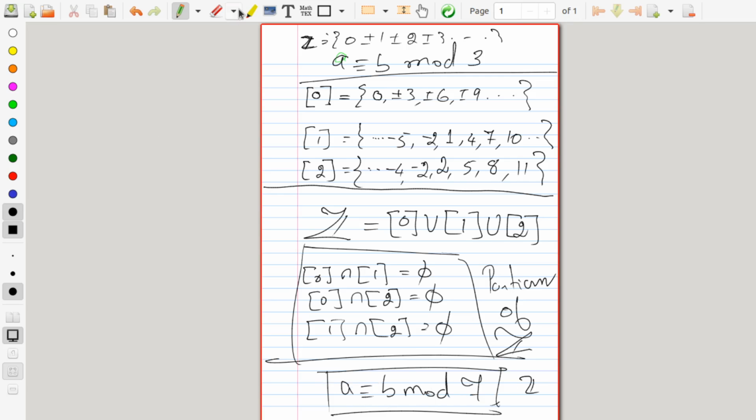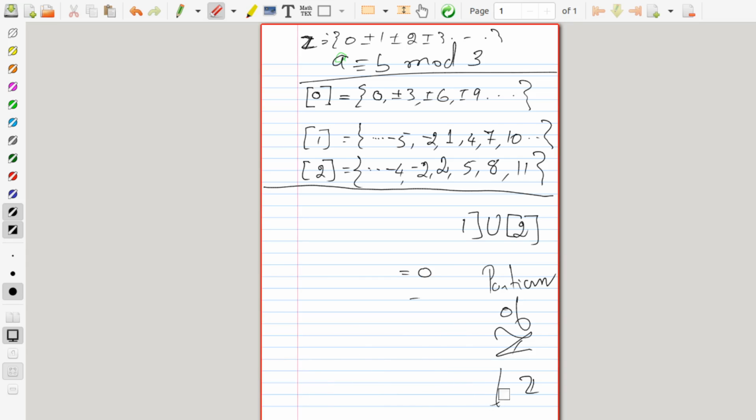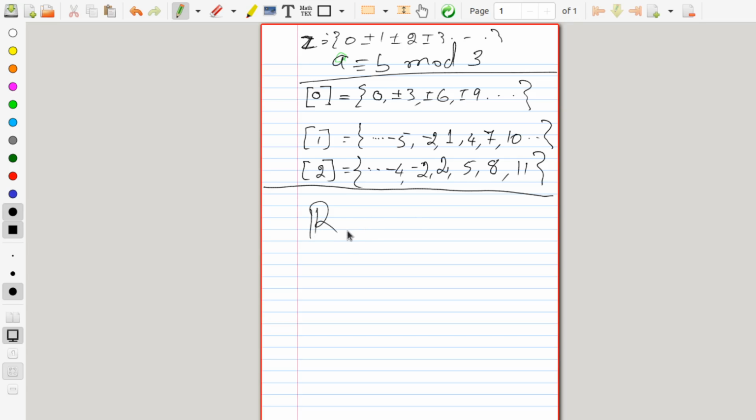And also another thing, here we have only a finite number of equivalence classes: the equivalence class of 0, 1 and 2. In some cases we can have an infinite number of equivalence classes. For example, if you consider the set of all real numbers and the equivalence relation of equal to, then if we consider a particular real number x and collect all the real numbers which are related to x, it is nothing but the singleton set x itself.